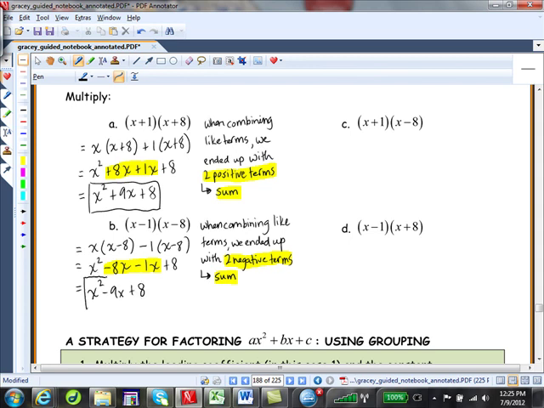What you have to think about is that you're going to be starting off with trinomials that we just developed from multiplying. So I'd like you to notice this important fact: you have a positive in front of that last term.